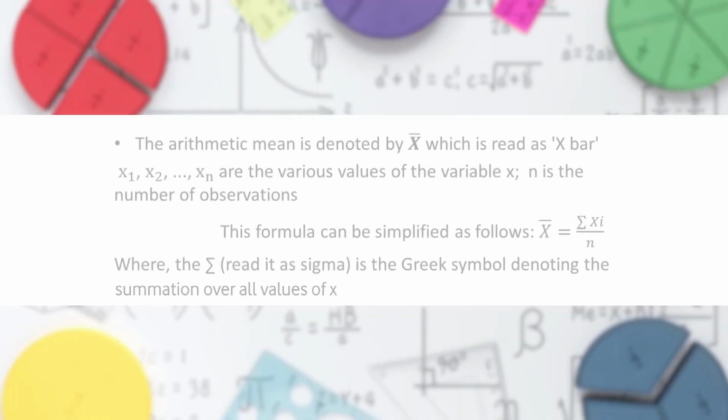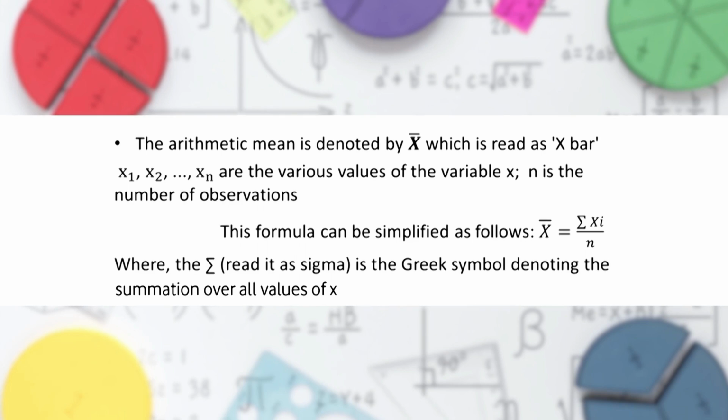Now it all depends whether the data which has been given is of individual nature, or of discrete series, or of continuous series. So the method of calculation of mean in all these three different series will differ, right. So mean is denoted by x bar. You write capital X, then you make a bar above the x, and it is read as x bar.